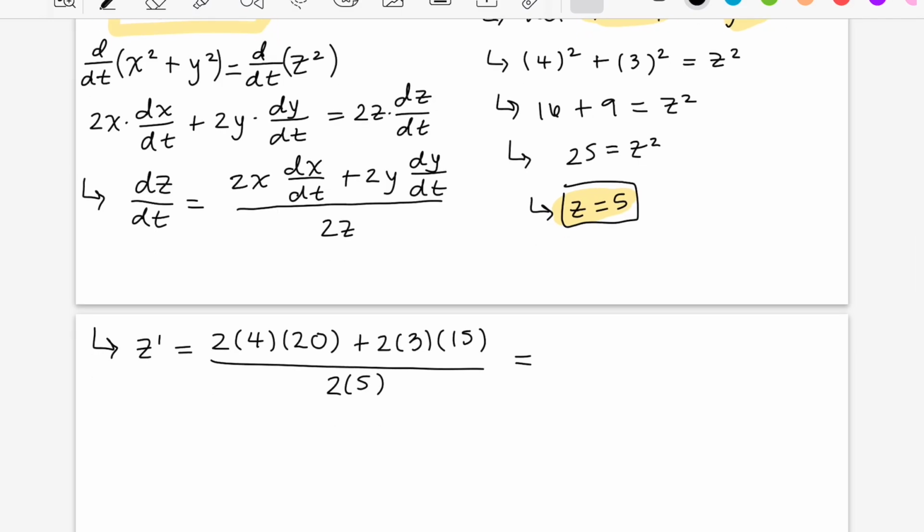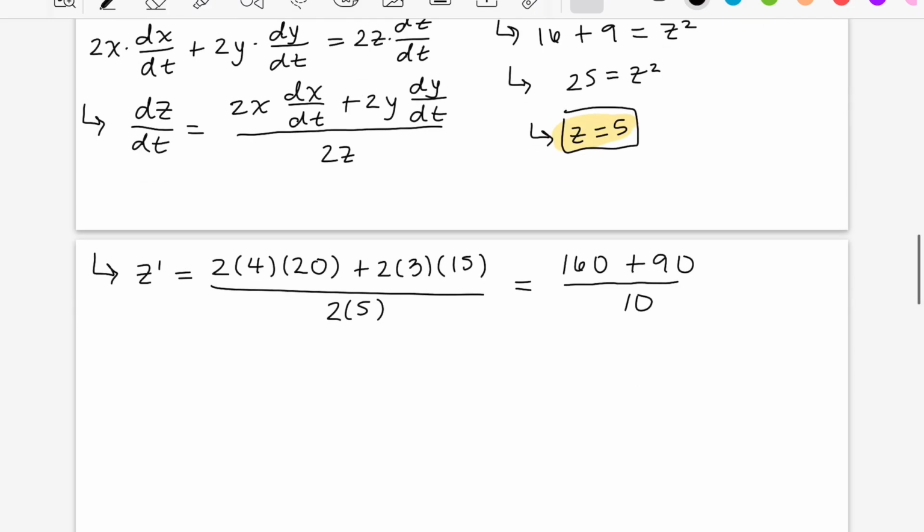Then this equals 160 plus 90, all over 10, and this is equal to 25. So z prime is equal to 25, and this will be feet per second.